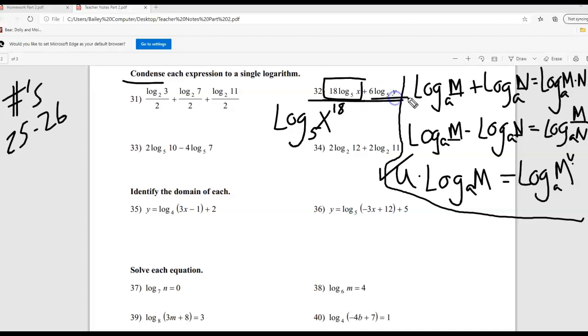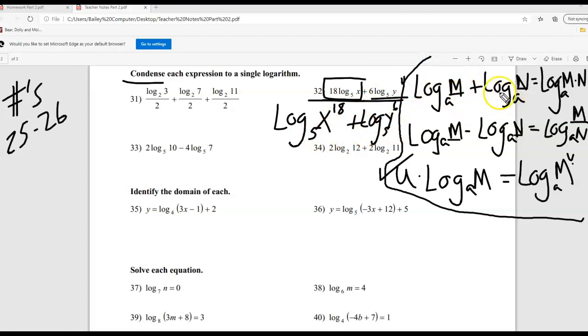And we could do the same thing for the second log here. I can rewrite that as log base 5 of y to the power of 6. So there's that. But I still don't have just one logarithm. I still have two logs. So I need to put those together. As you can see, they're being added. So that makes us think of this rule up here.